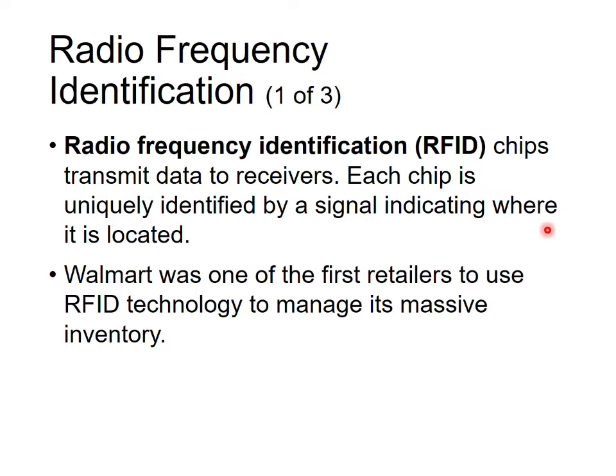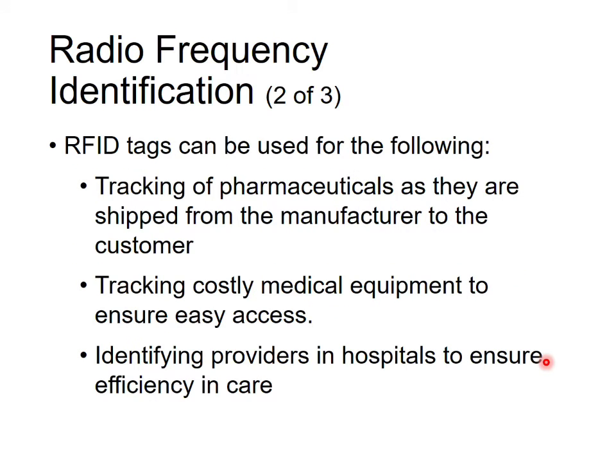Walmart was one of the first retailers to use RFID technology to manage its massive inventory. RFID tags can be used to track pharmaceuticals as they are shipped from a manufacturer to a customer, or to track costly medical equipment and identify providers in the hospital to ensure efficient and effective care.